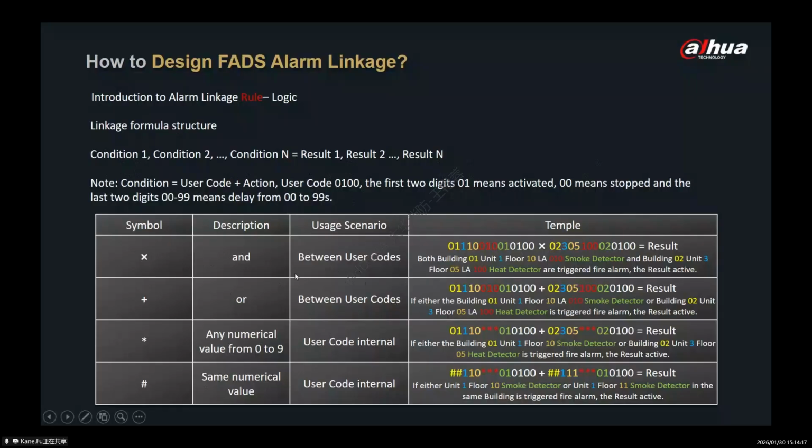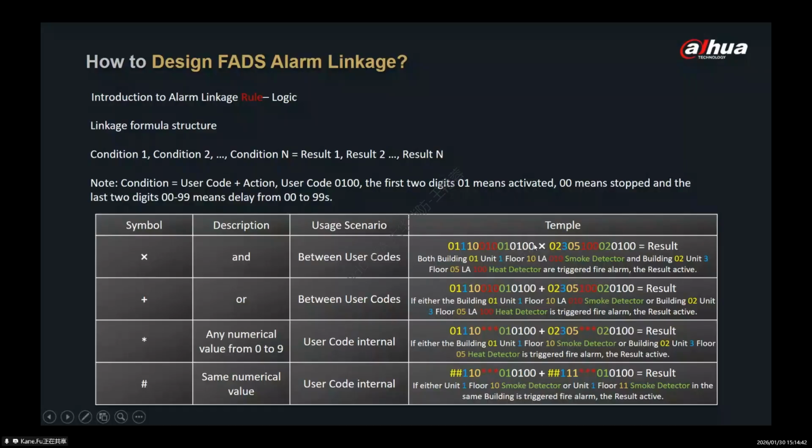So in the demo, for example, for the AND here, the 01 means building 1, unit 1, and floor 10. The loop address, LA, is 010. And the device type, smoke detector, is 01. And the activation code 01 means activate without delay.